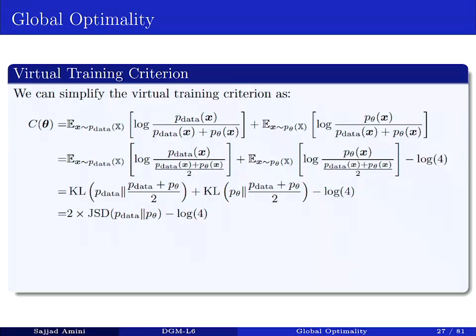This is a very rare situation, but it can happen. So it seems that GAN is better because it uses JSD, and JSD does not have the problem of infinity value.